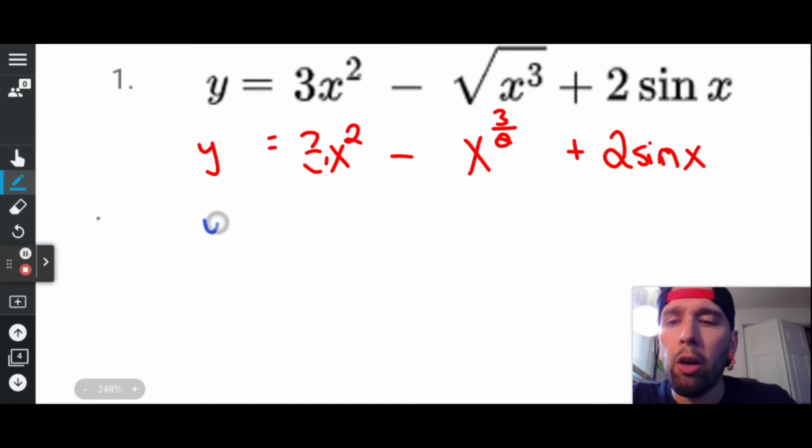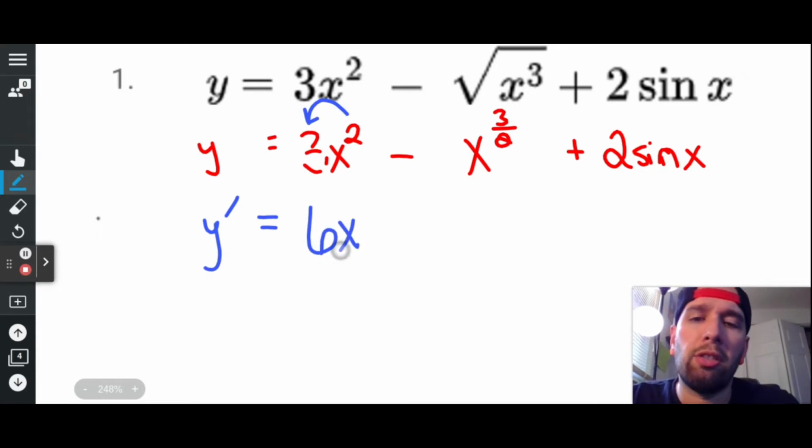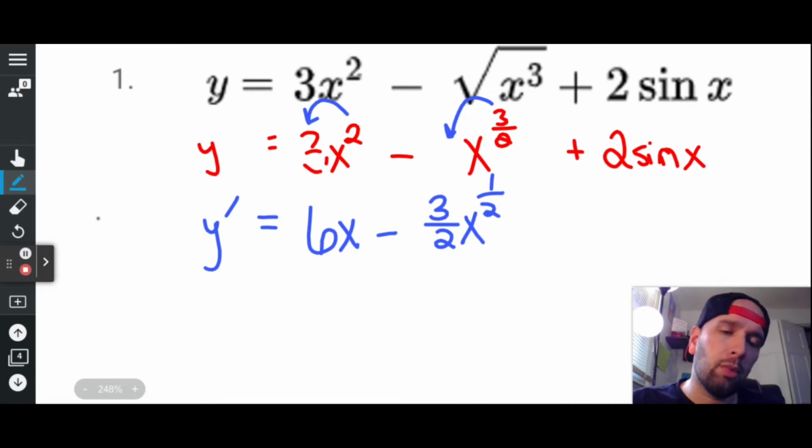Y prime, I could also write this out as dy dx, is going to have me bring this down and take away 1. So 6x. This is going to have me bring this down and take away 1. So 3 halves x to the 3 halves minus 1, which is 1 half. The coefficient stays here.